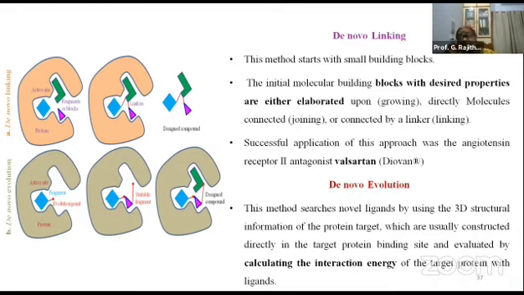This method searches for novel ligands by using 3D structural information of the protein target. The entire construction of the ligand is done within the binding cavity or binding site and calculated by the interaction energy of the target protein with the ligands.